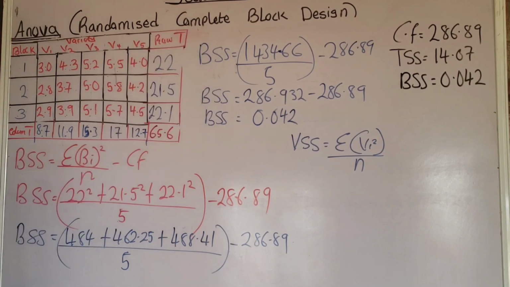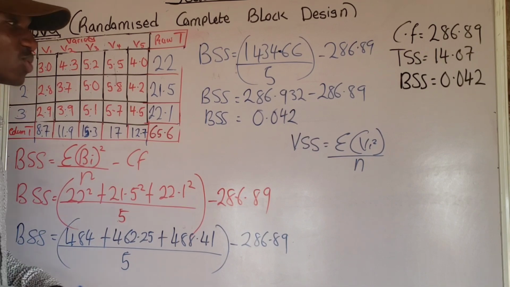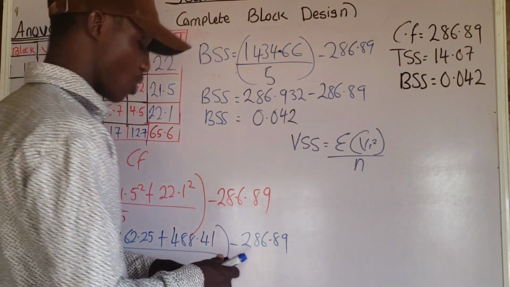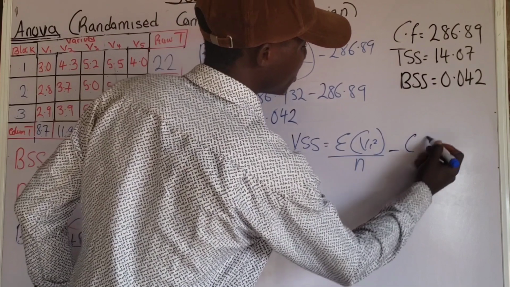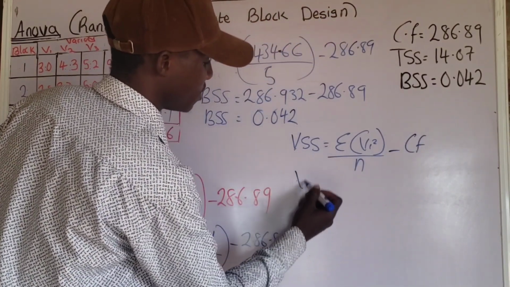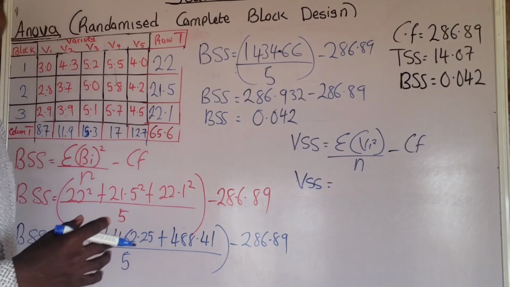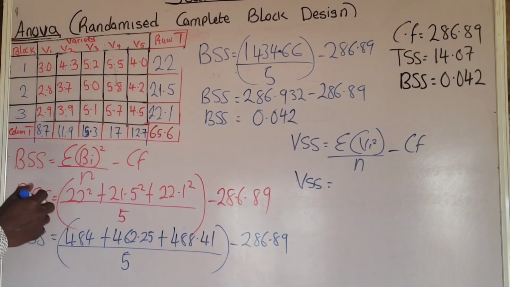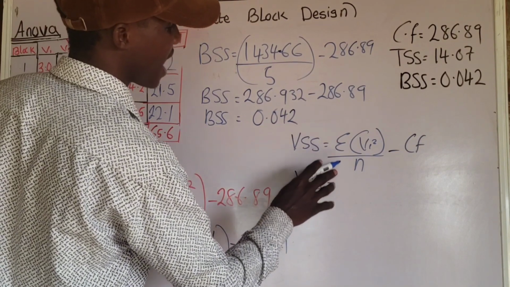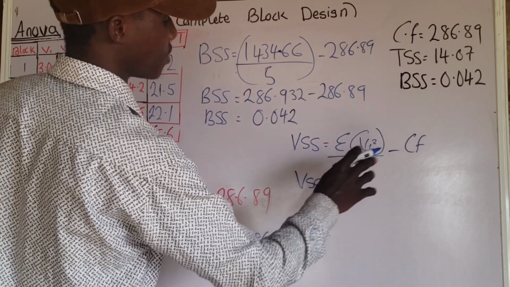If you missed the class, I will drop the link in the description of this video. Make sure you watch the class so that you have a comprehensive understanding of what we are doing. So minus the correction factor. Don't forget I said variety is also known as treatment, you understand? Okay, so the variety sum of squares is equal to summation Vi squared all over n minus CF.